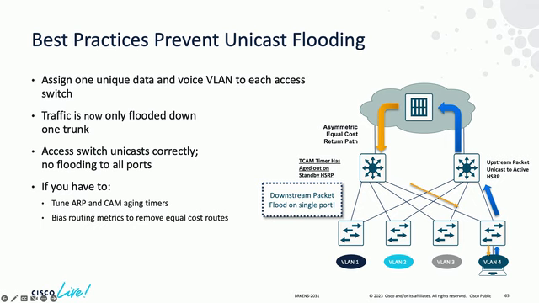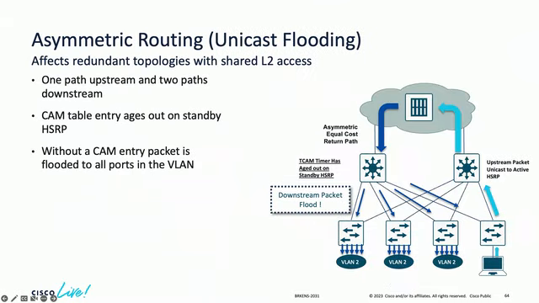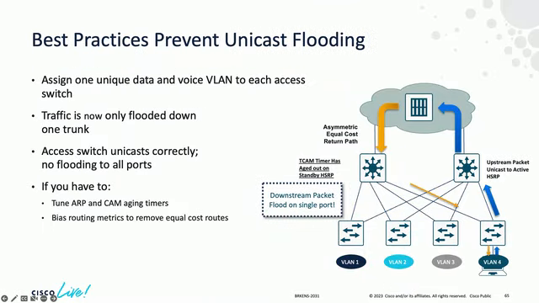The other one is playing with routing metrics, removing some equal cost routing, because this asymmetric routing might be a result of ECMP happening between core and distribution as well. And the other way is to follow the method of VLAN equals access equals subnet.